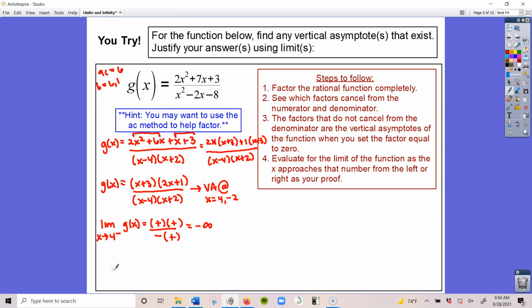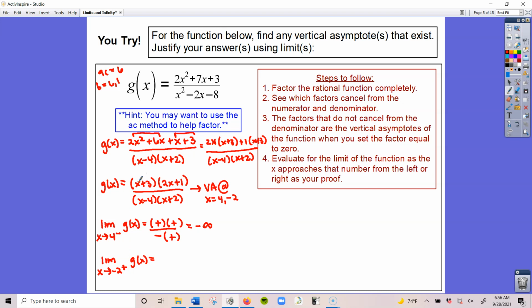Now let's do the other vertical asymptote. We have the limit as x is approaching negative 2. For this one, I'll do the right, so we can see one of each. Of g of x is going to equal, so negative 2 from the right, I'm going to use negative 1.9.